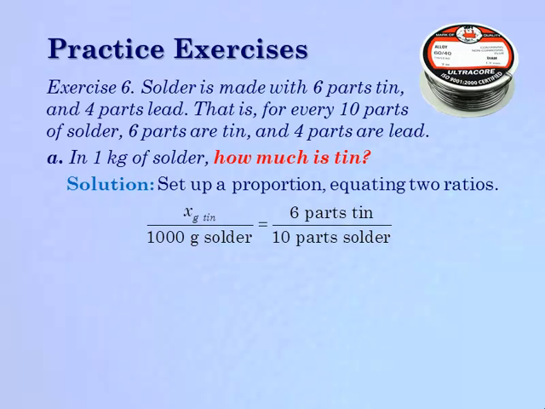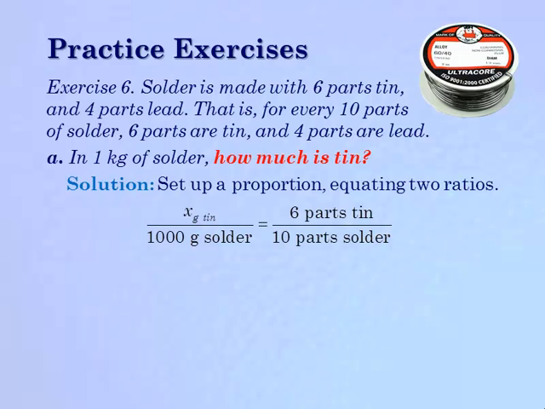Well, we'll set up a proportion equating 2 ratios. X for the number of grams tin is related to 1,000 grams of solder, as we know the ratio of 6 parts tin to 10 parts solder.